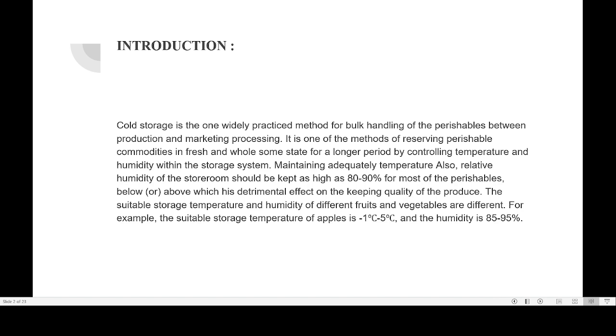The suitable storage temperature and humidity differ for different fruits and vegetables; they are not maintained under the same conditions, and each has its particular criteria.